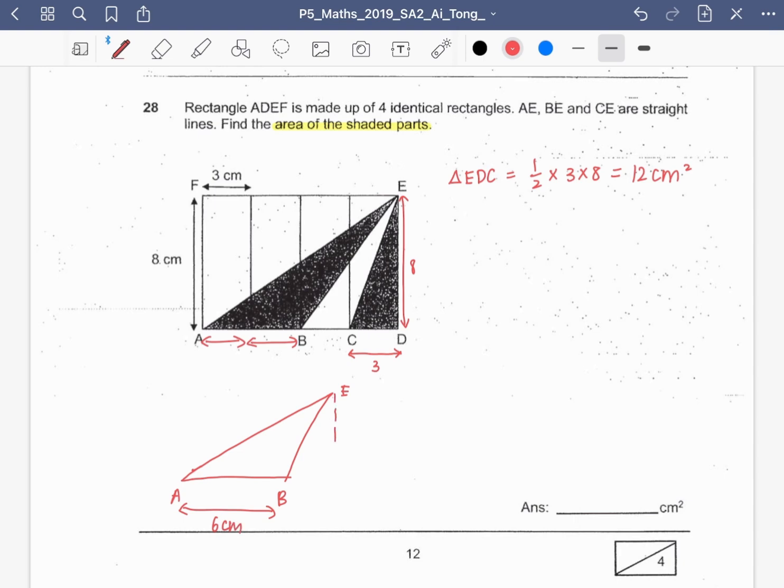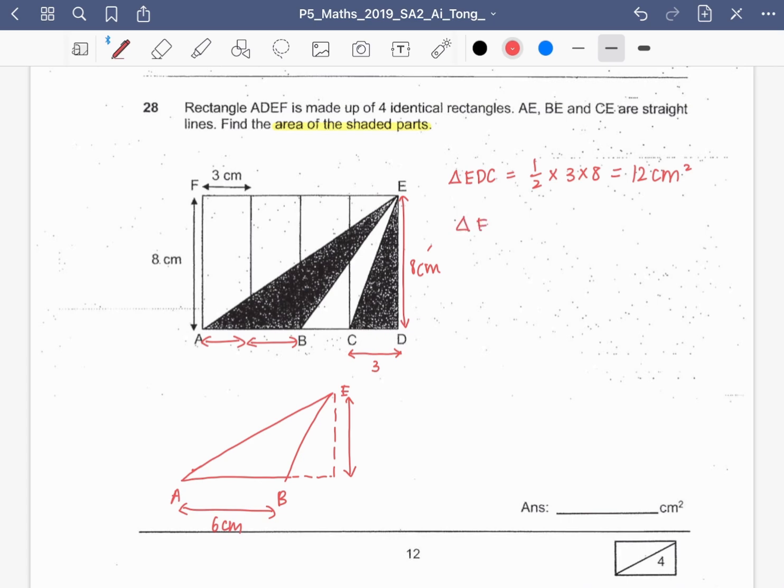This is the height. This here is the height, which is ED, which is 8 cm. This is the height, the dotted line here. See? Yes. So we can definitely solve that.